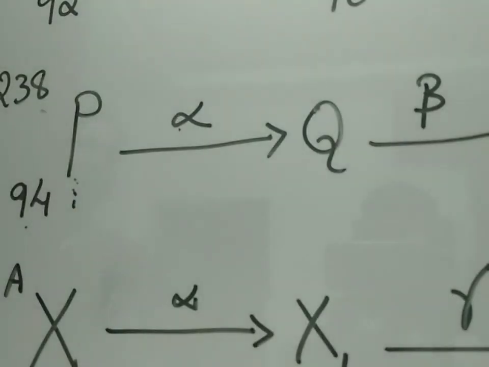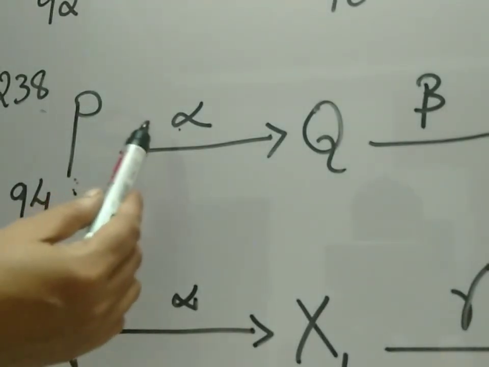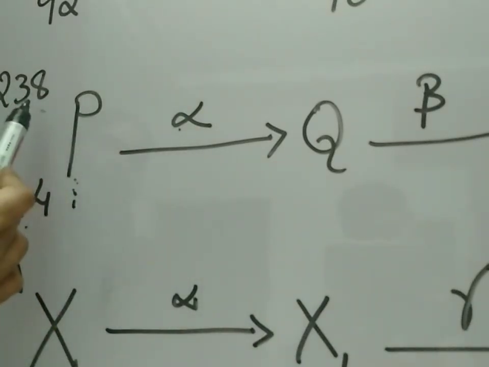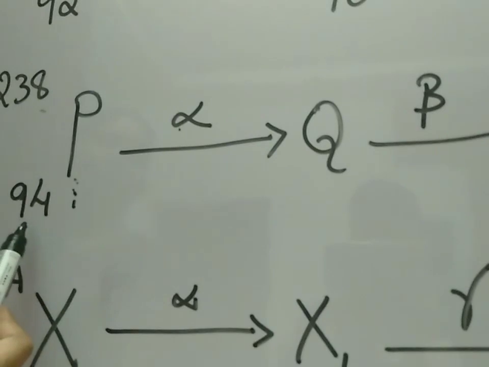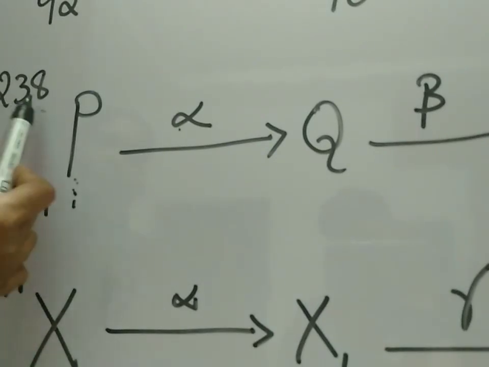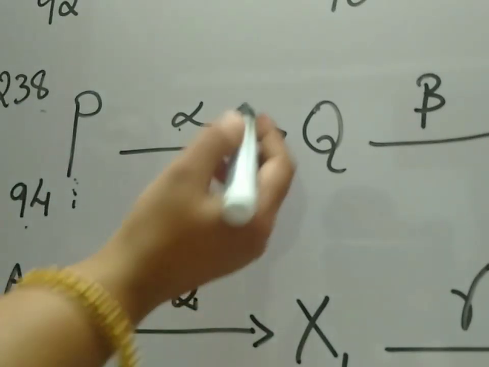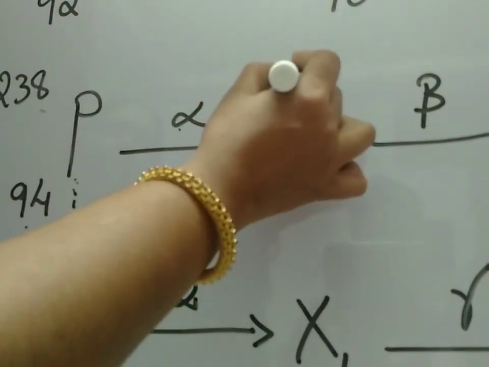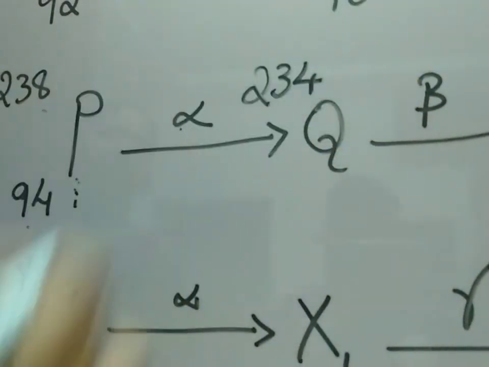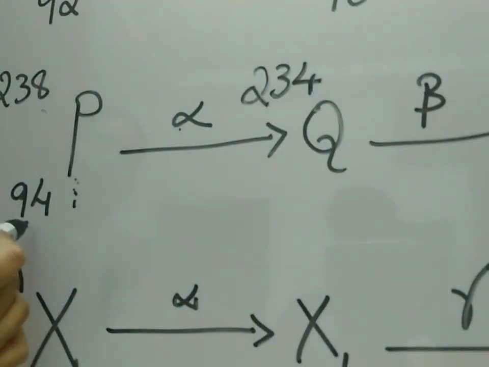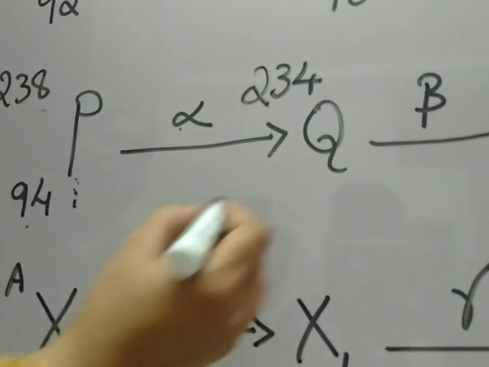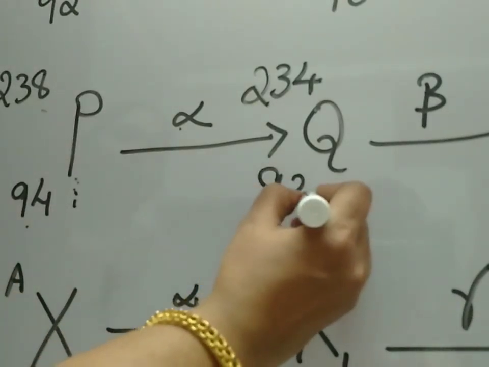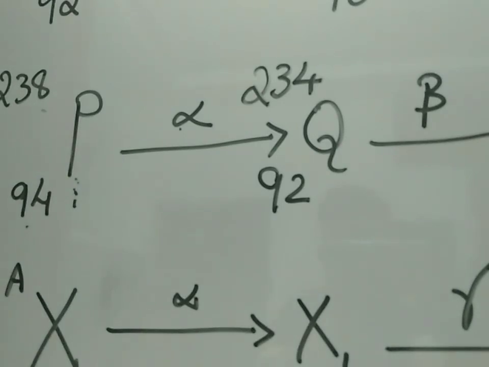When alpha emission takes place, He 4 2, 4 will be reduced from the mass number and 2 will be reduced from the atomic number. So 238 minus 4, you will get 234 as the mass number. And what will happen to the atomic number? 94 will become 92. Just reduce 2. Mass number minus 4, atomic number minus 2.